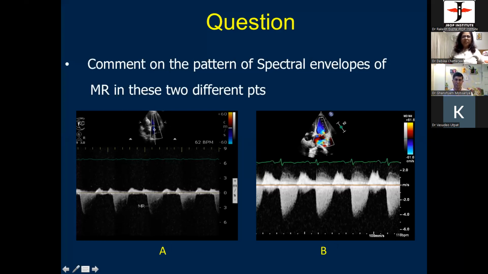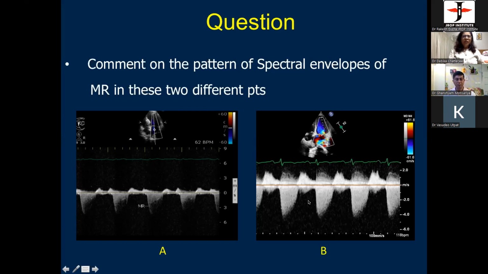Ma'am, the pattern of the MR jet in patient A is asymmetrical and faint, while in patient B it is symmetrical and dense, sorry. Okay, you mean to say the density? Yes, it is dense. It's a faint signal and this is a dense signal.